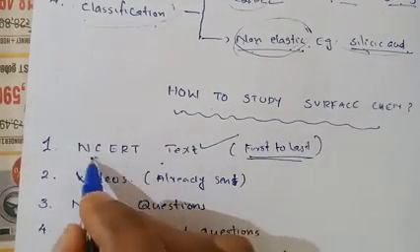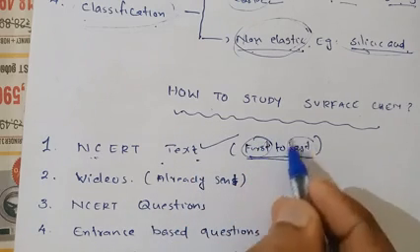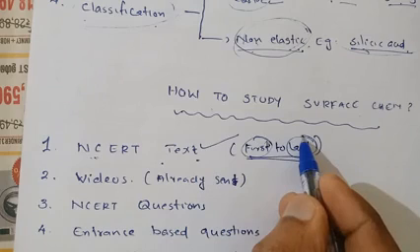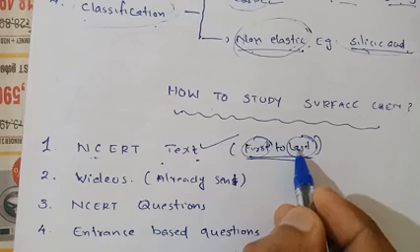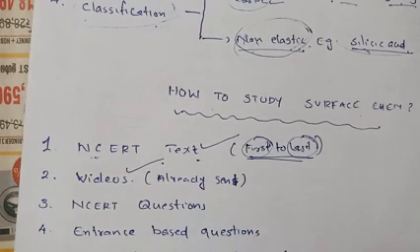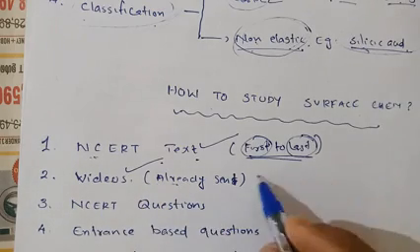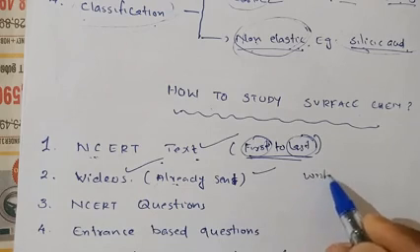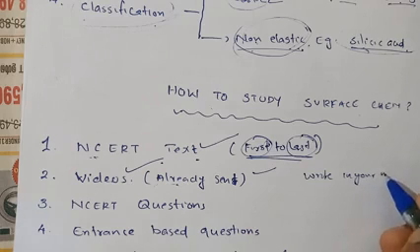Clear? After reading the NCERT textbook, if you have any doubt about our video, see the video again. Already the videos are there in your mobile or laptop. So see your videos again, and if you have any doubts, write them in your notebook.